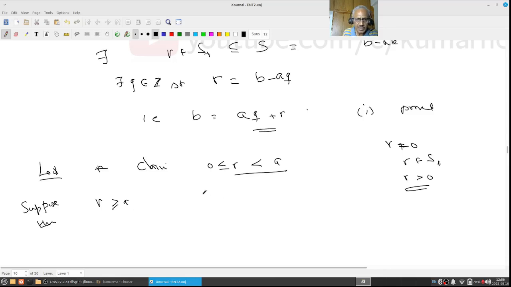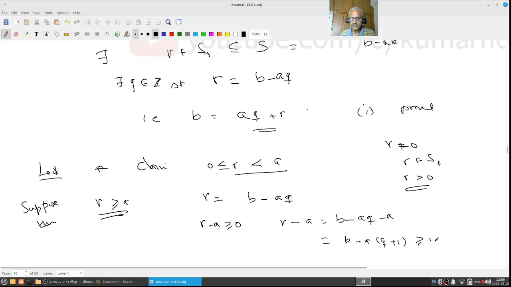But what is r? r is b minus aq, right? Therefore r minus a will be greater than or equal to 0. Therefore r minus a equals b minus aq minus a, that is b minus a times (q plus 1).